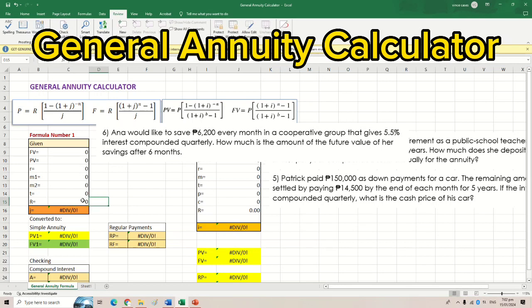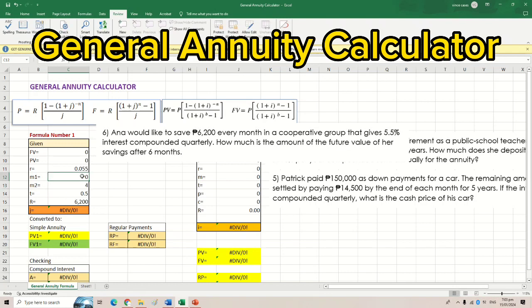Now the regular payment is 6,200, and then the interest rate is 5.5%, which is 0.055, and then the time is 6 months, or 0.5 year. Okay, M2, the original number of compounding periods, is quarterly, that's 4 times a year.